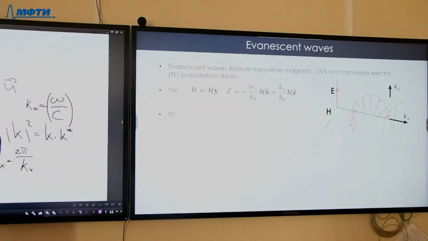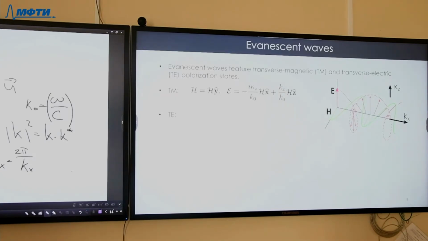But because of the evanescent character of the wave, electric field acquires this longitudinal component, which becomes very important when we start dealing with the spin of light, spin orbital momentum, and effects that are related to interaction between spin of light and the near field optics.